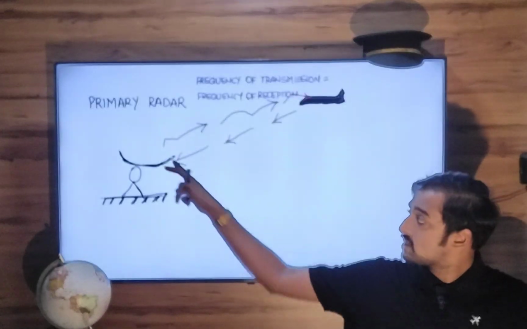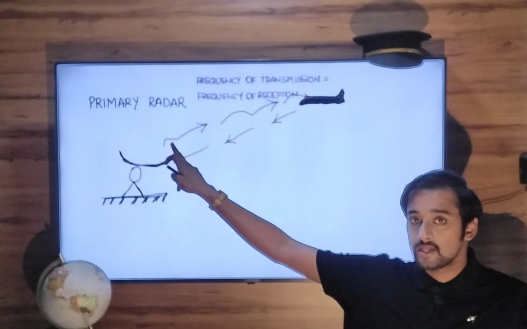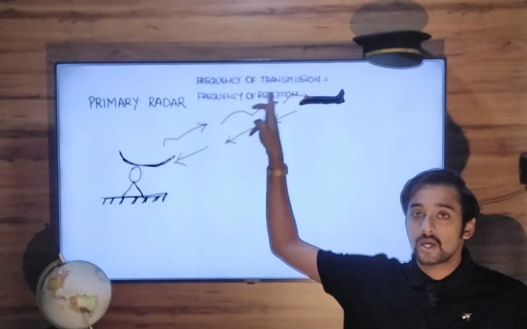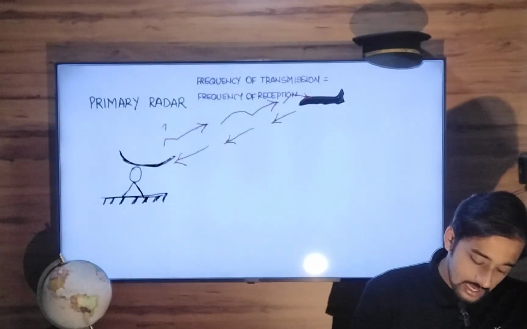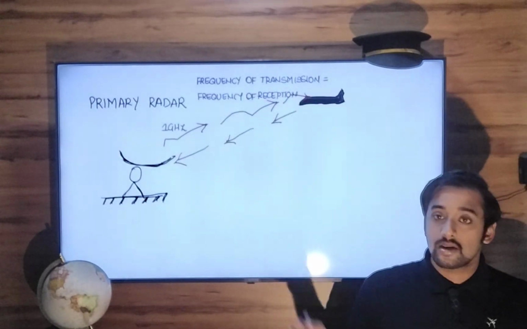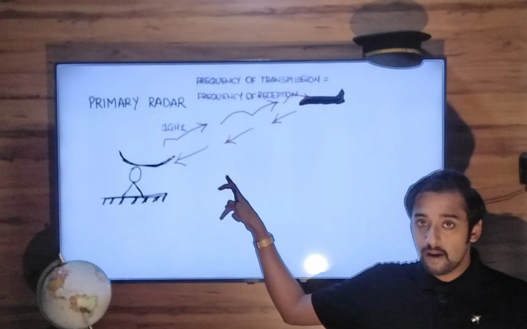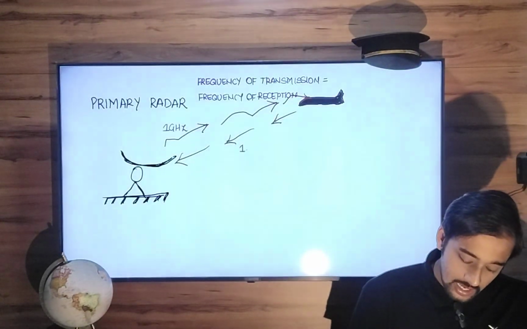Meaning, if the primary radar transmits or sends an interrogation signal to the aircraft at 1 gigahertz, it will receive the same radio wave back at the same frequency, 1 gigahertz.